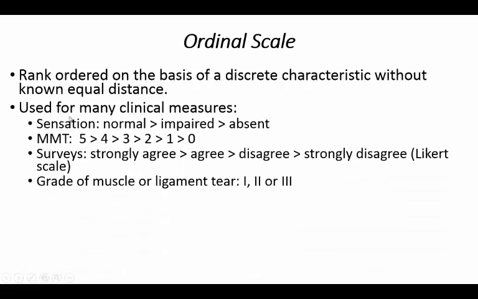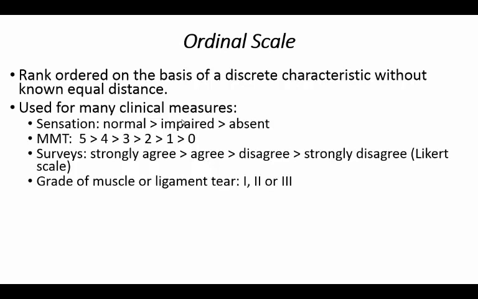For example, if I am testing sensation of the foot and leg in a person with diabetic neuropathy, I can have normal sensation, or impaired sensation, where the patient will tell you that I feel something but not as well as I'm feeling it on my arm.